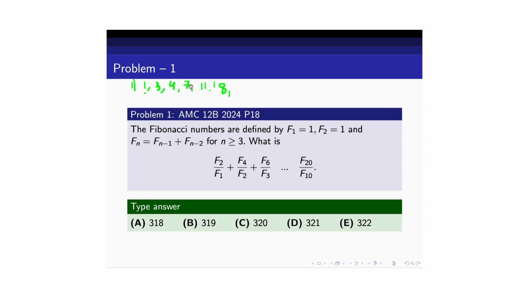1, 3, 4, 7, 11, 18, and this is just 10 terms. 18, 29, 47, 47 plus 29, which is just 76, and the last one is 123.